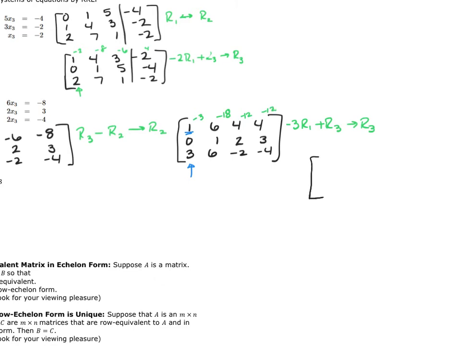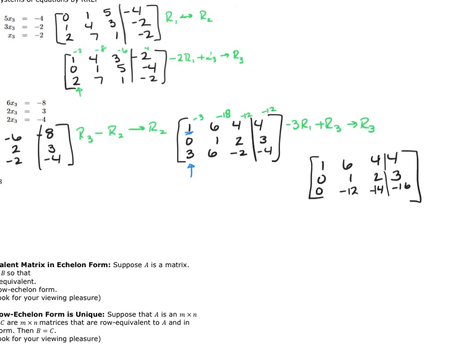So then this will be 1, 6, 4, 4, 0, 1, 2, 3. And I keep forgetting that. Put that bar right there. Okay, and now I'm going to go ahead and do this addition, and this gives me 0 here. This is negative 12, and then negative 14, and then negative 16.